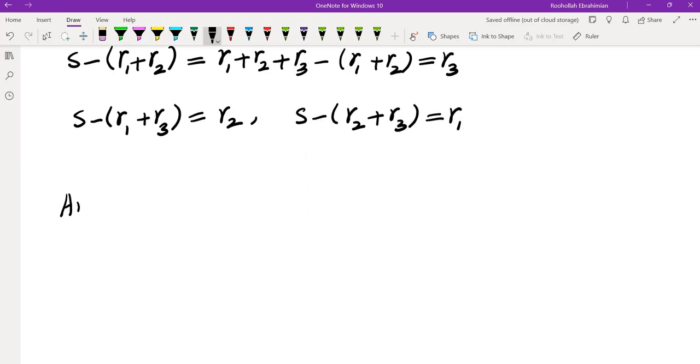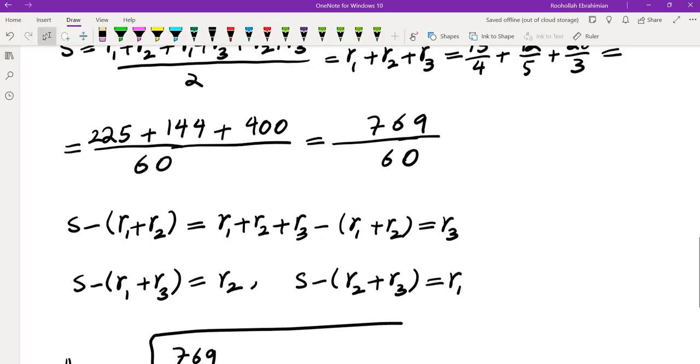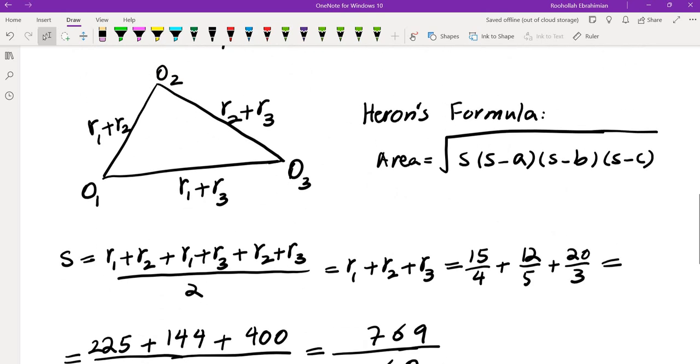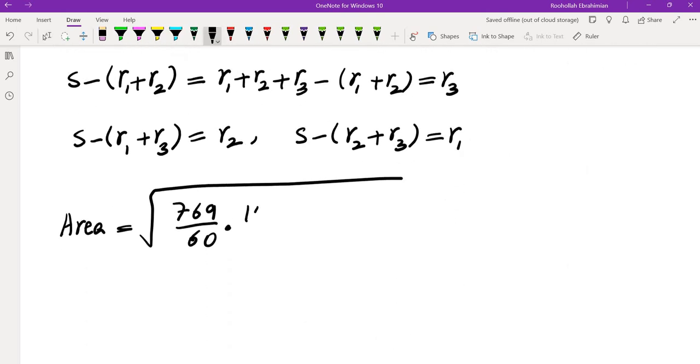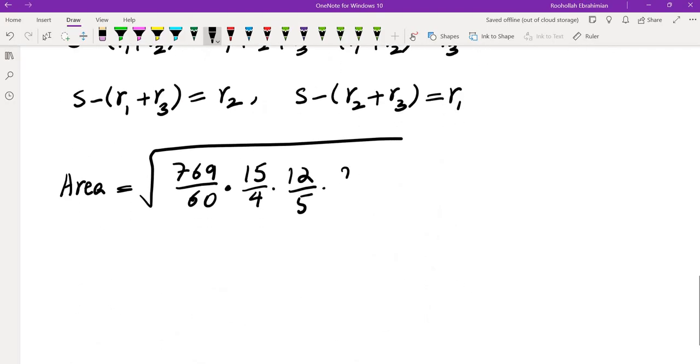So finally, we can find the area. The area would be the square root of the semi-perimeter, which we found to be 769 over 60, times R1, R2, and R3, which are the semi-perimeter minus the three sides. Those are 15 over 4, 12 over 5, and 20 over 3.